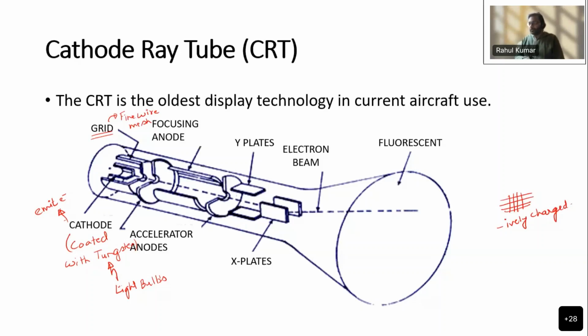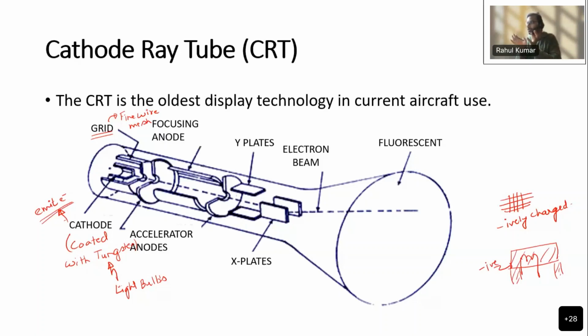So your cathode emits electrons, and it is surrounded by a mesh, so it's something like you have your cathode here, surrounded with a mesh, and this is also negatively charged.